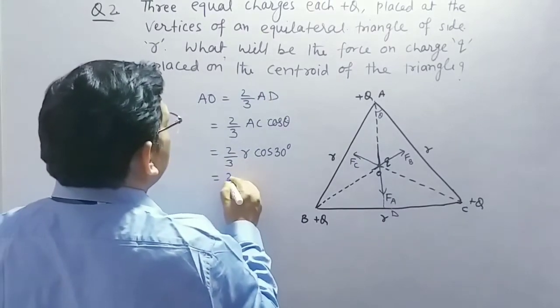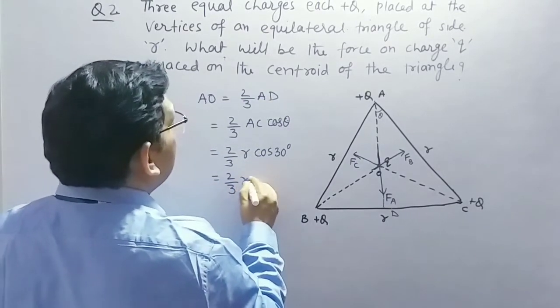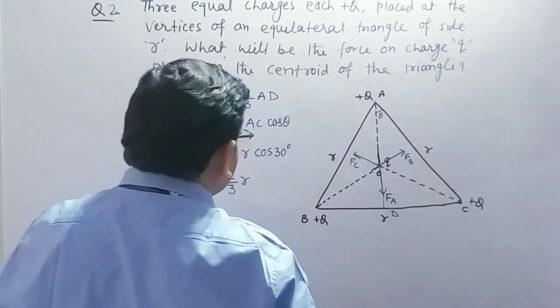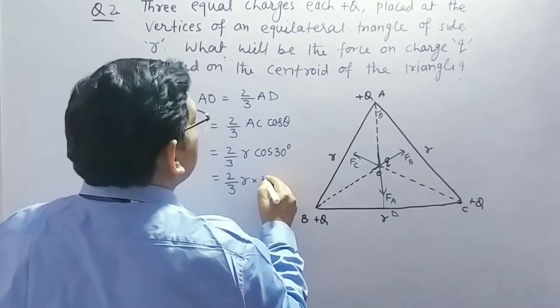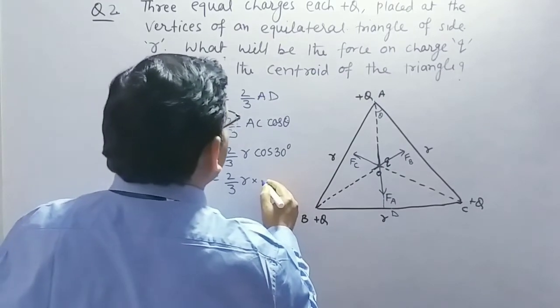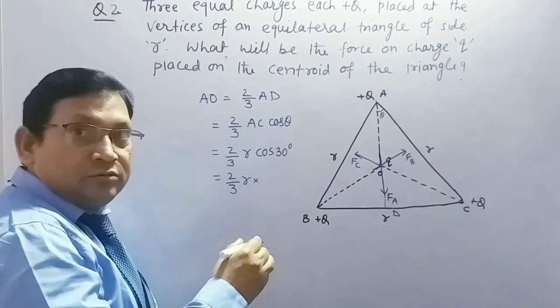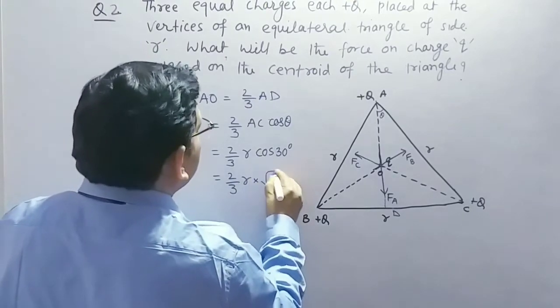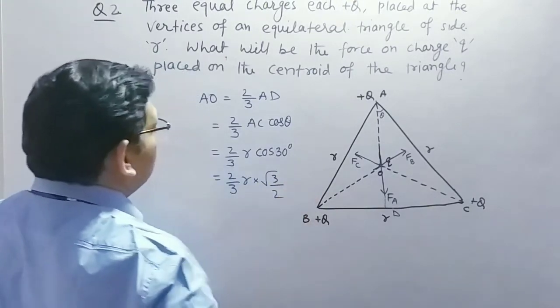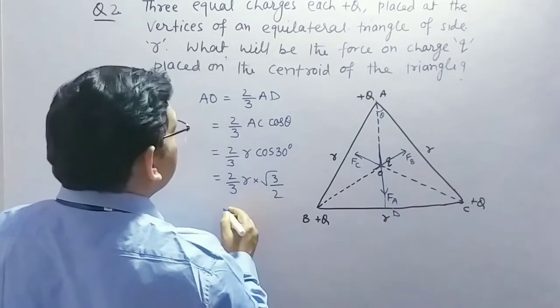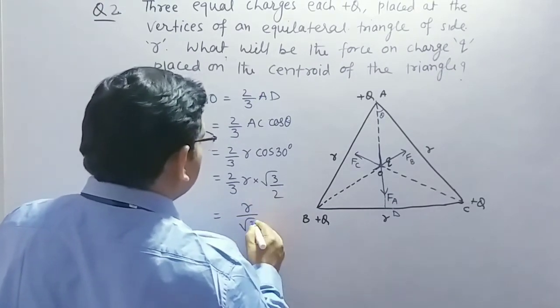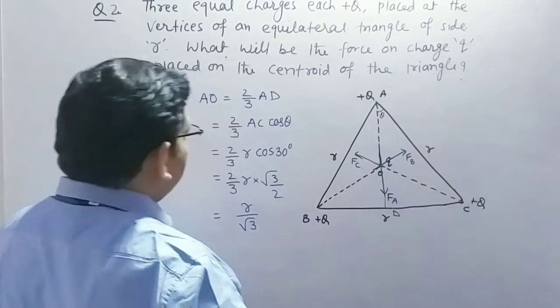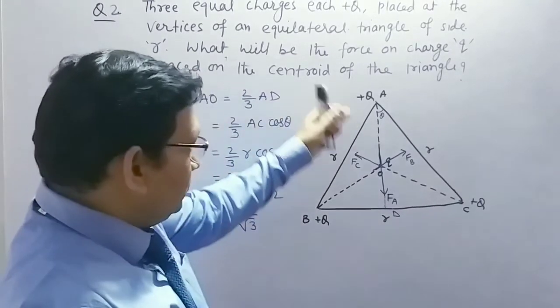So we have 2/3 R cos 30, that is 2/3 R times root 3/2. Cancel, we have R/root 3. So we have calculated the distance AO.